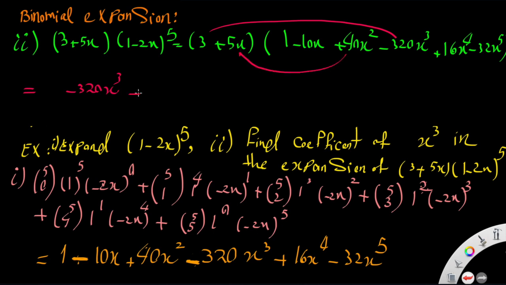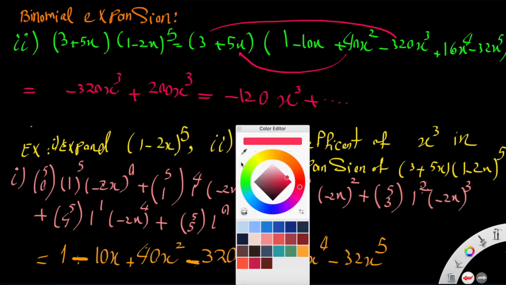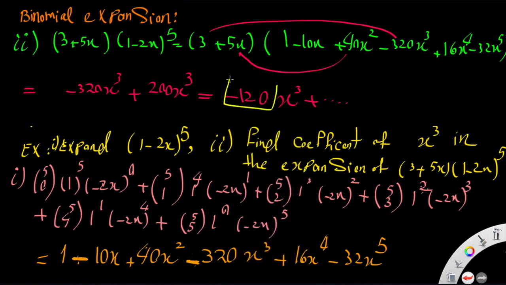So I multiply just these two pairs. 5x times 40x squared will be 200x to the power of 3. So overall minus 240x cubed plus 200x cubed, plus some other terms that we don't need. So the coefficient of x cubed will be minus 40.